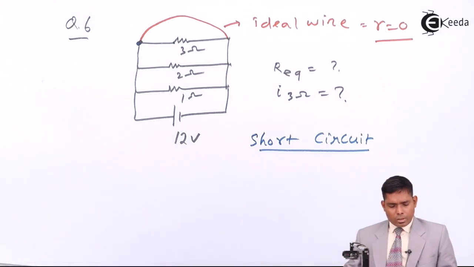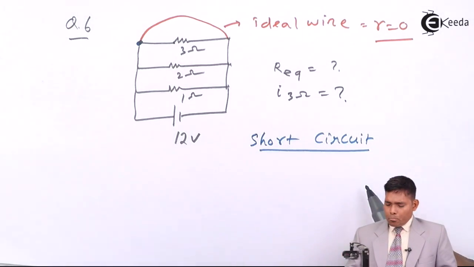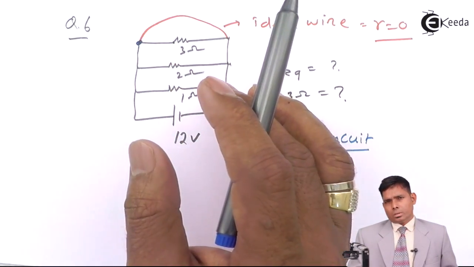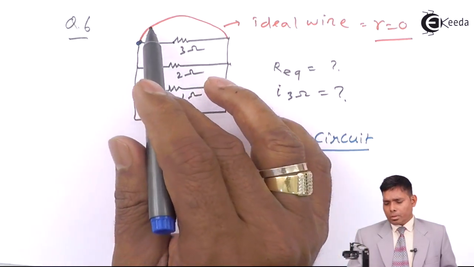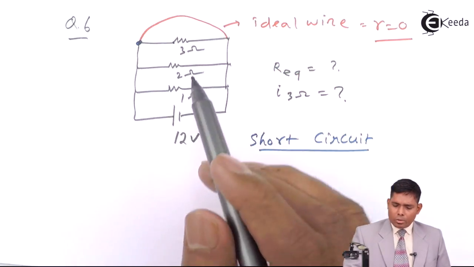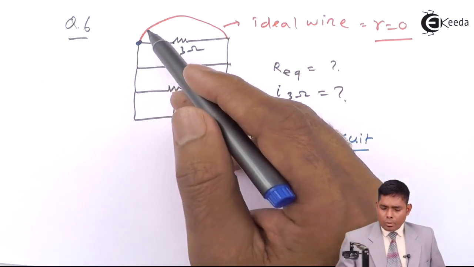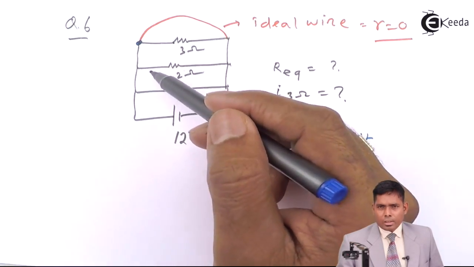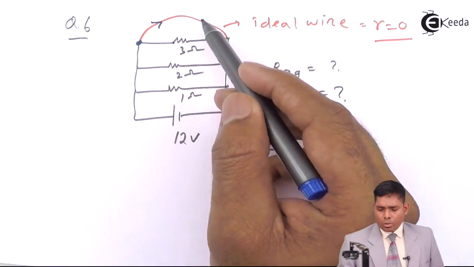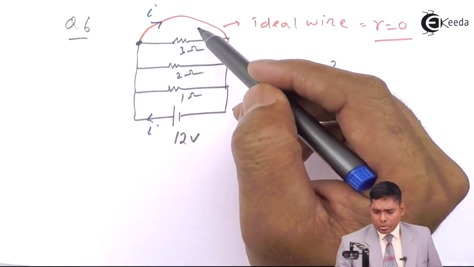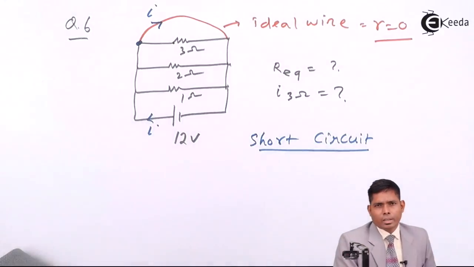If it is connected with 0 resistance, then current always follows the path of least resistance. Because this resistance is 0, most of the current will pass through this path. So the current coming from this battery will bypass these 3 resistors and go directly through this. If the current coming from here is I, it will go directly through this. The current is infinite if there is no internal resistance.